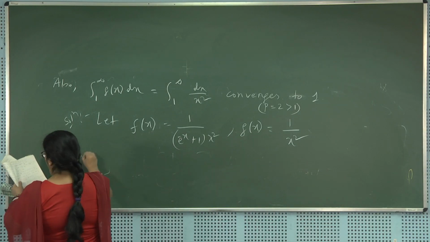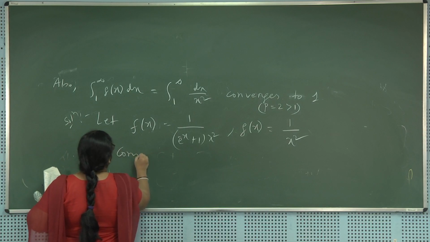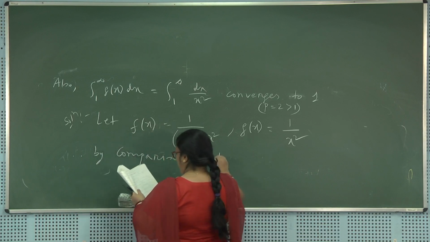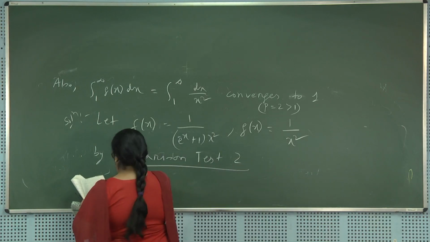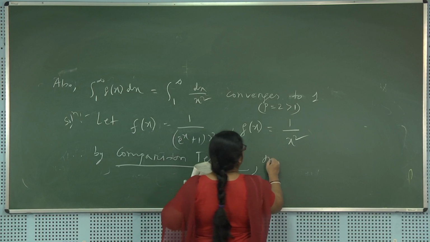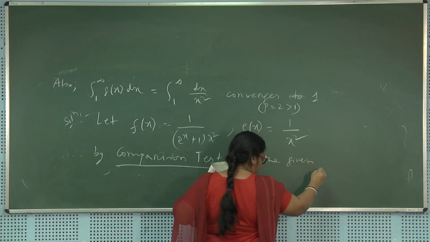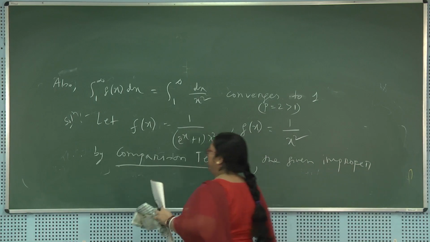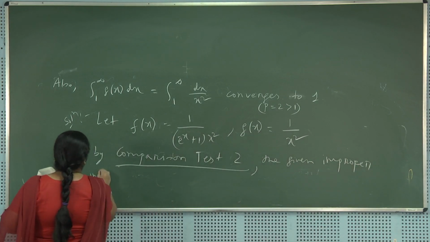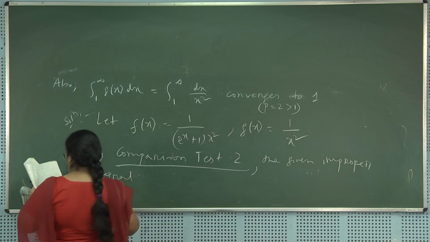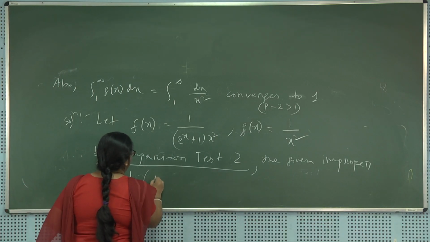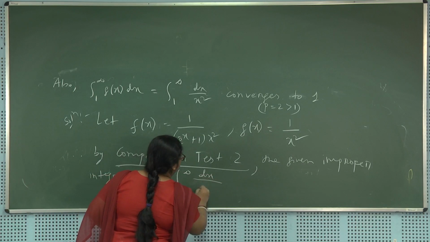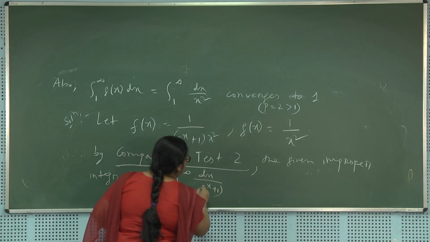Therefore, by comparison test, you have to mention what is the test: comparison test to the given improper integral, that is 1 to infinity dx upon e to the power minus x plus 1 into x square.